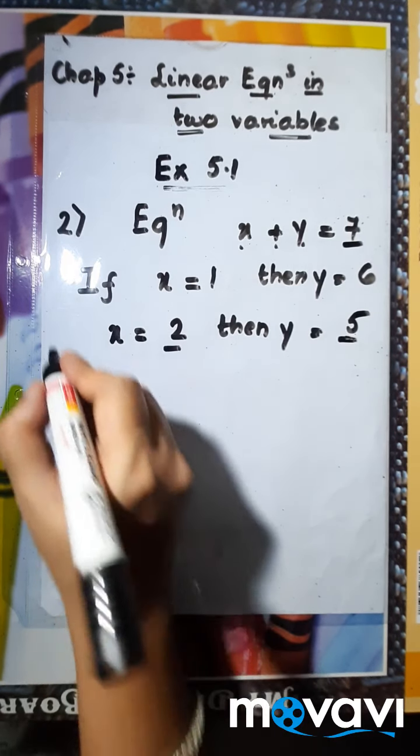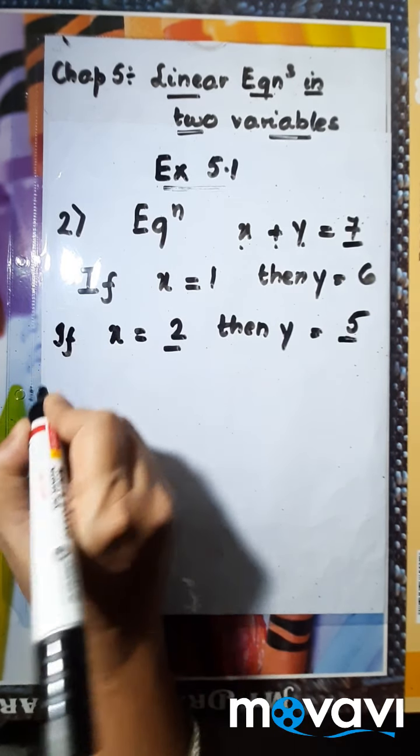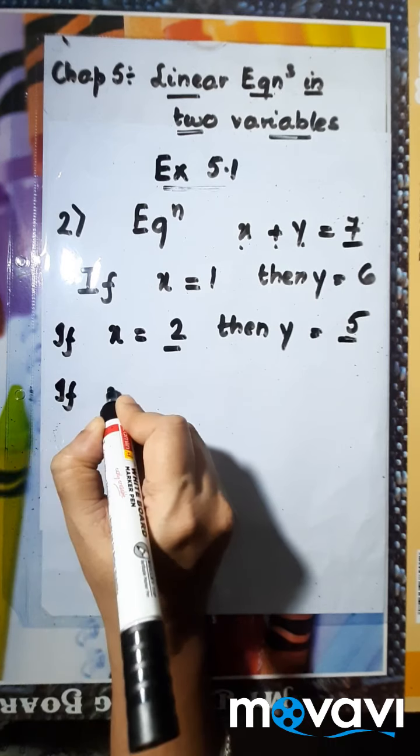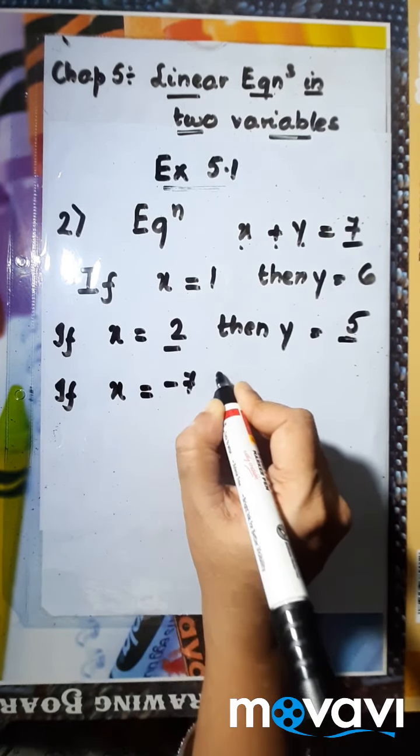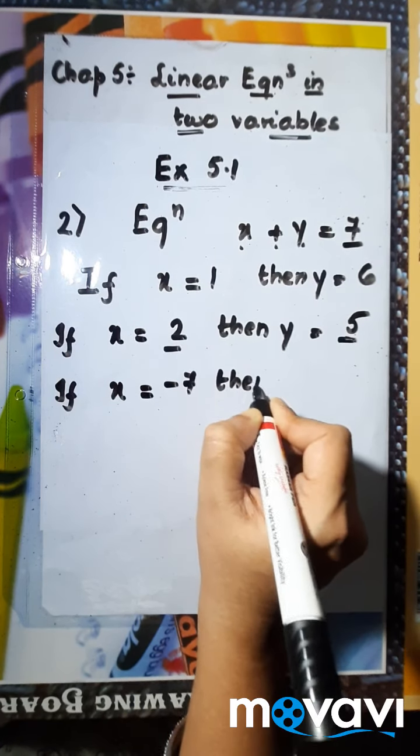Is that clear? Now let's take a negative number. I know you all don't like negative numbers. x is equal to minus 7. Then what will be the y value?